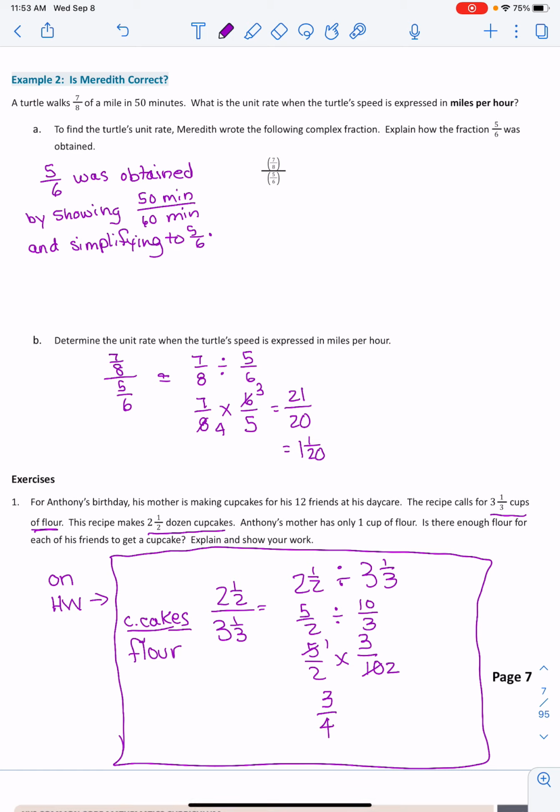So we have 3/4 of a dozen for a cup of flour. Therefore, no, there is not enough.